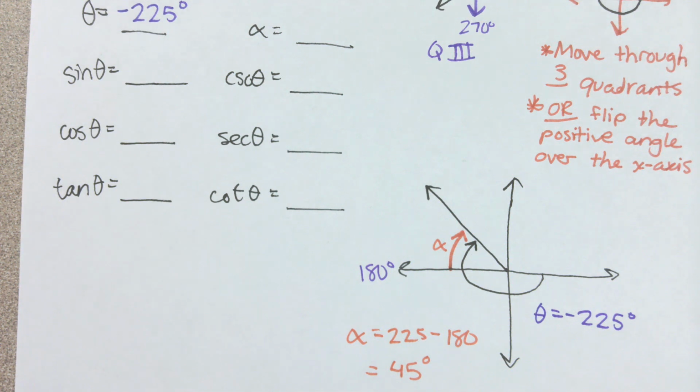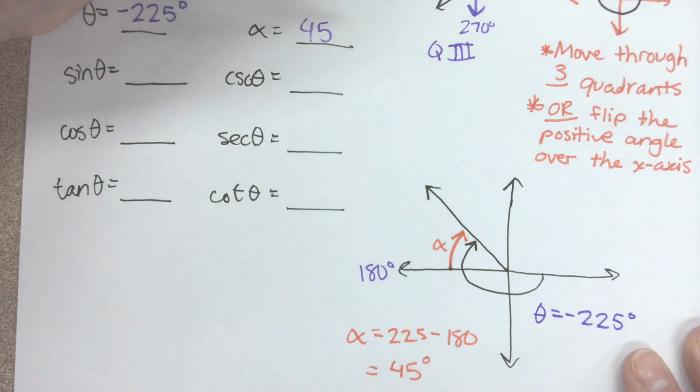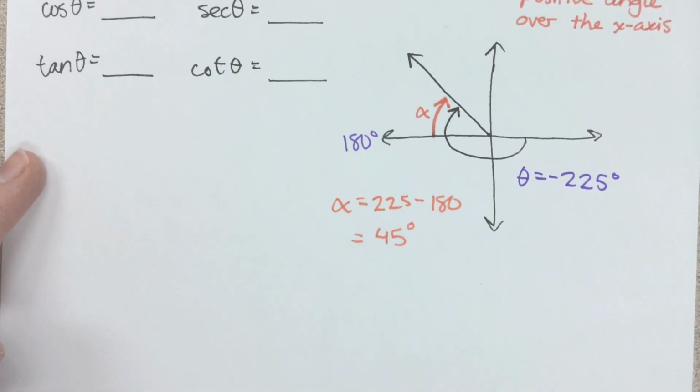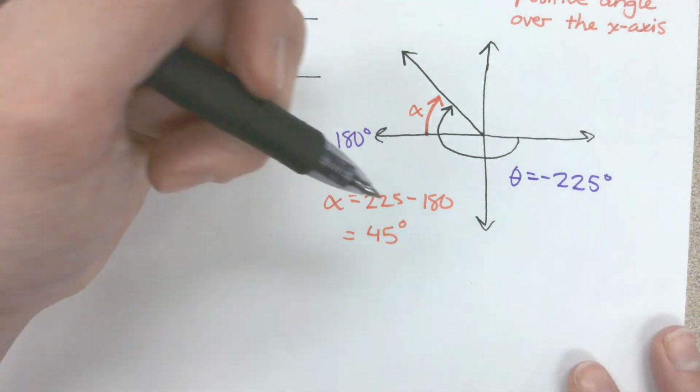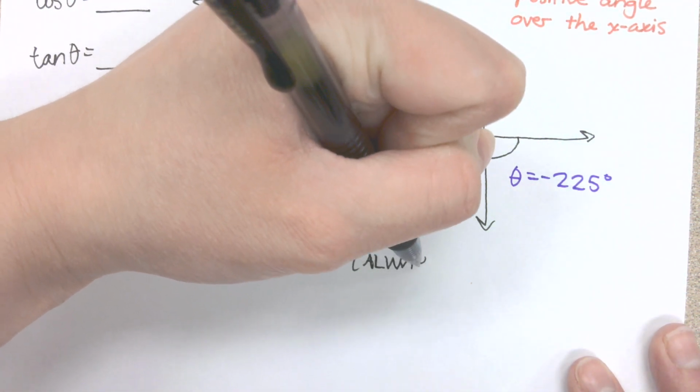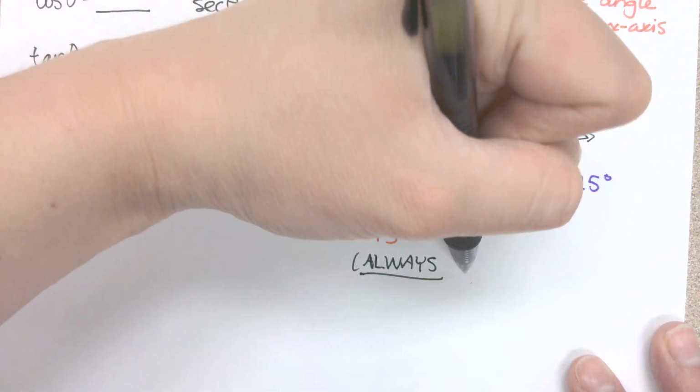So alpha is 45 degrees. And down here, because I don't really have space above, I'm going to add the note. Always positive.